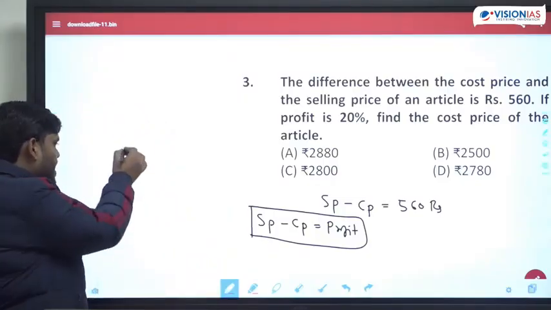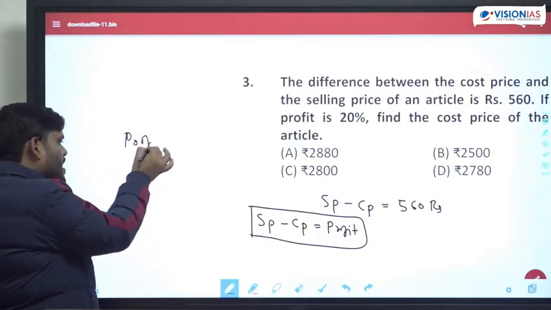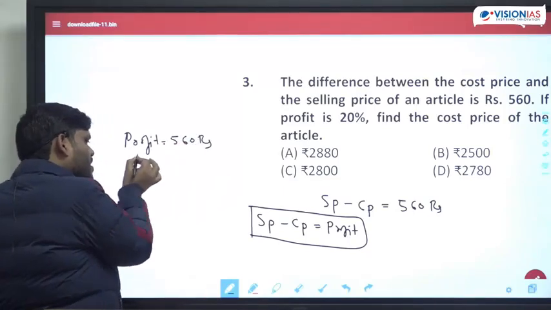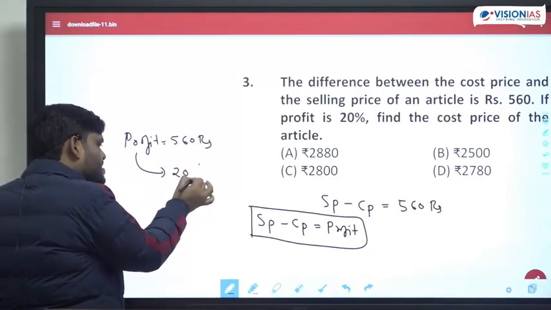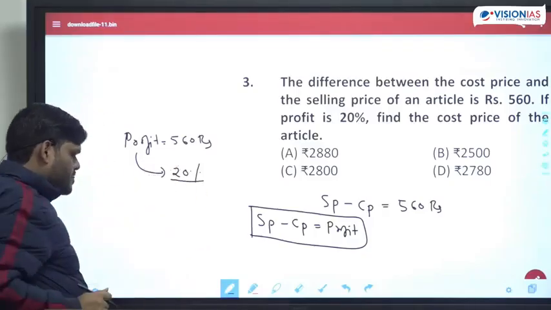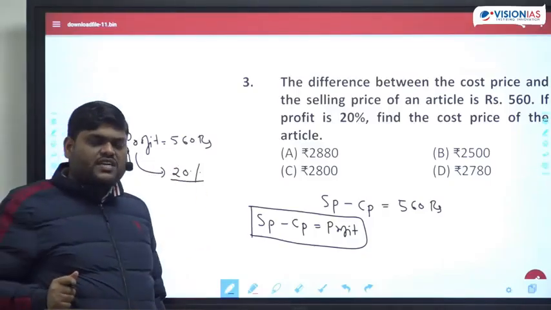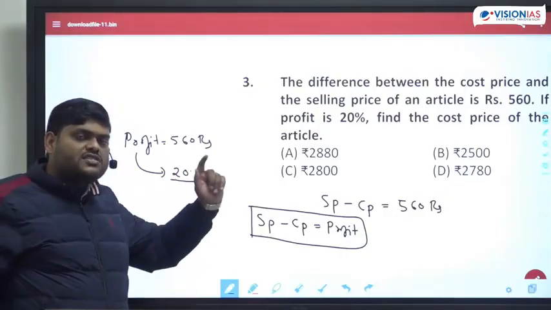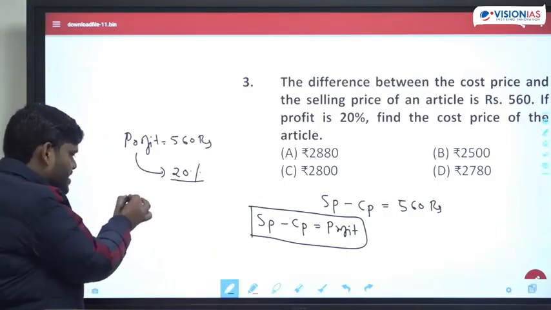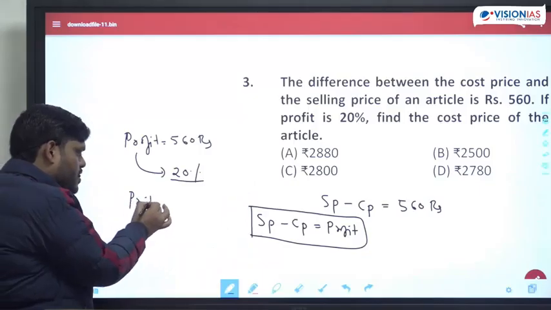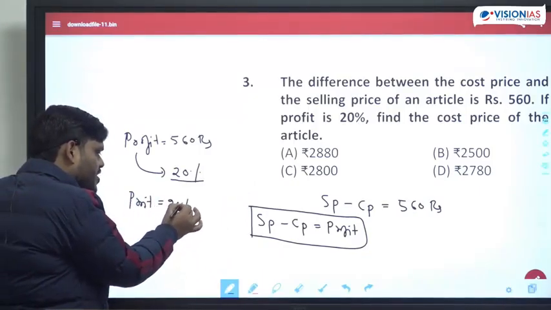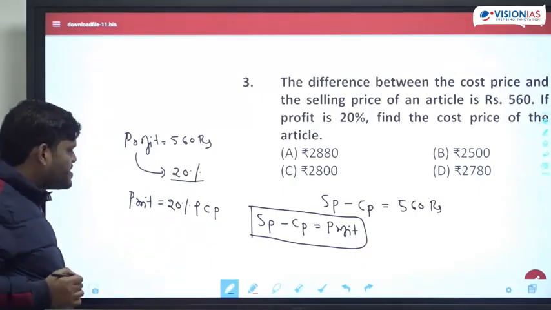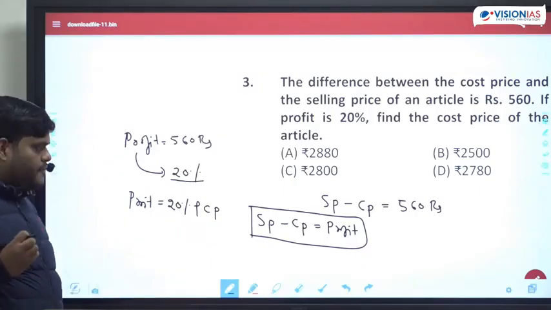That means the question is, if profit is 560 rupees and profit percent is given as 20%. We know that profit is always calculated on CP. So profit is simply 20% of CP or not?